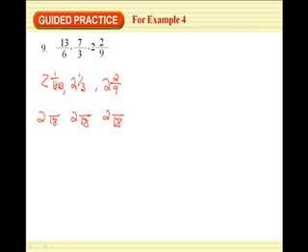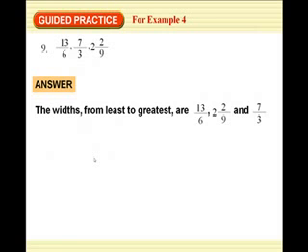So times 3 on the top, times 6 on the top, times 2 on the top would be 4. Look, oh, no, I thought they were in order. Okay, the 3/18 is the smallest, so 13/6 is the smallest. 2 and 2/9, because 4 comes next, and then 7/3. There's my in order.